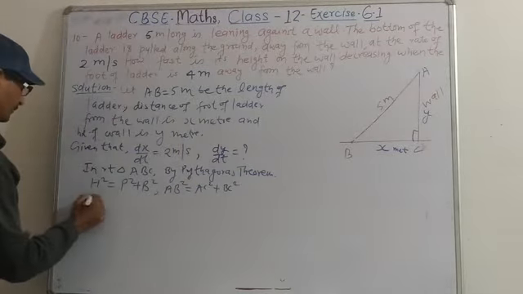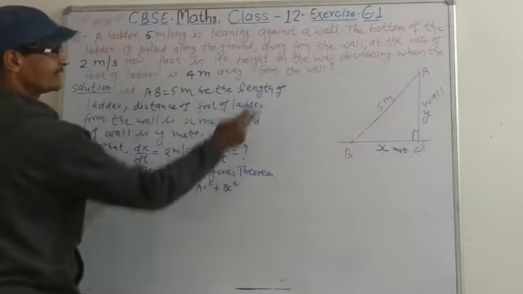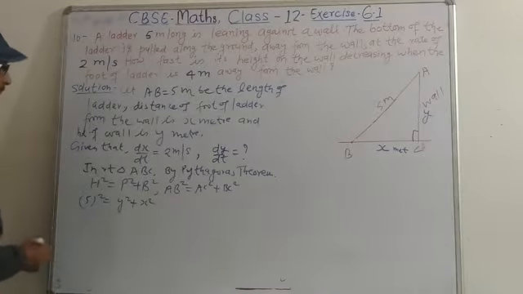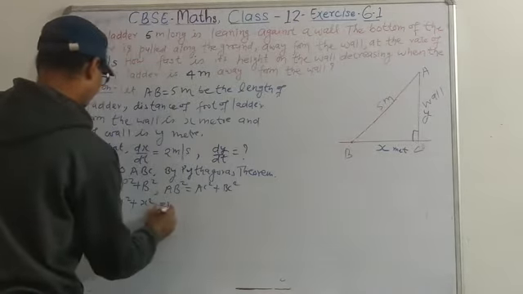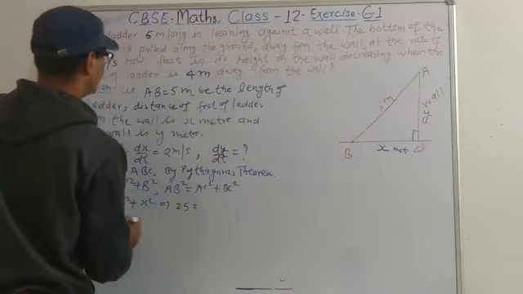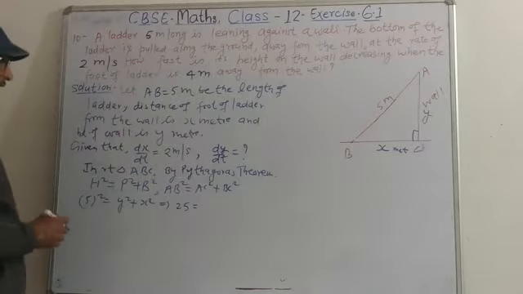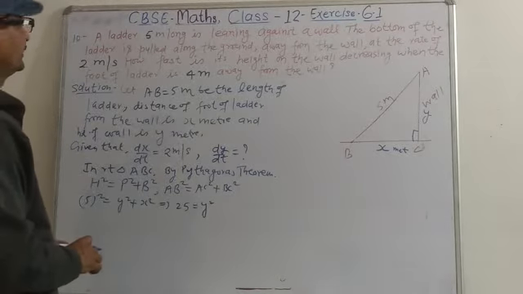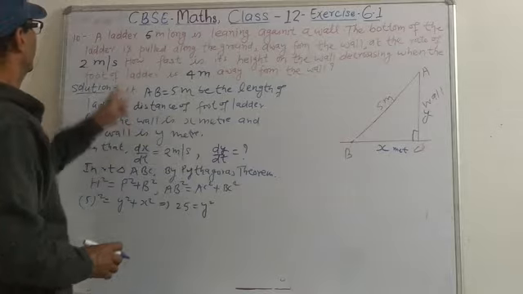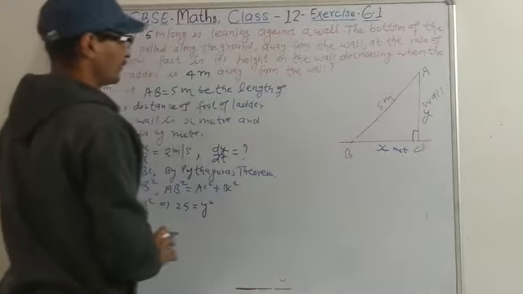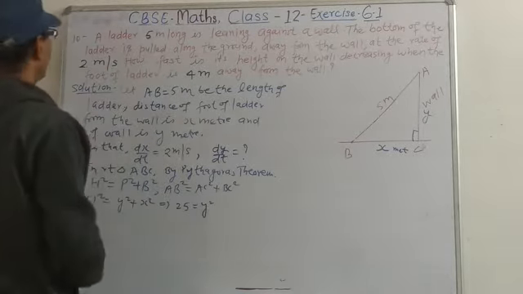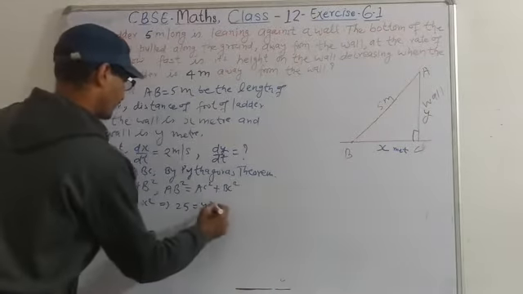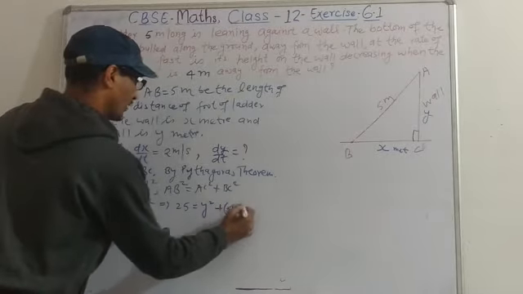So AB square is 5 square, AC is y square, base is x square, and this implies that 5 square, 25, is equal to y square plus, now see here, the foot of the ladder is 4 meter away from the wall. That means it is plus 4 square.